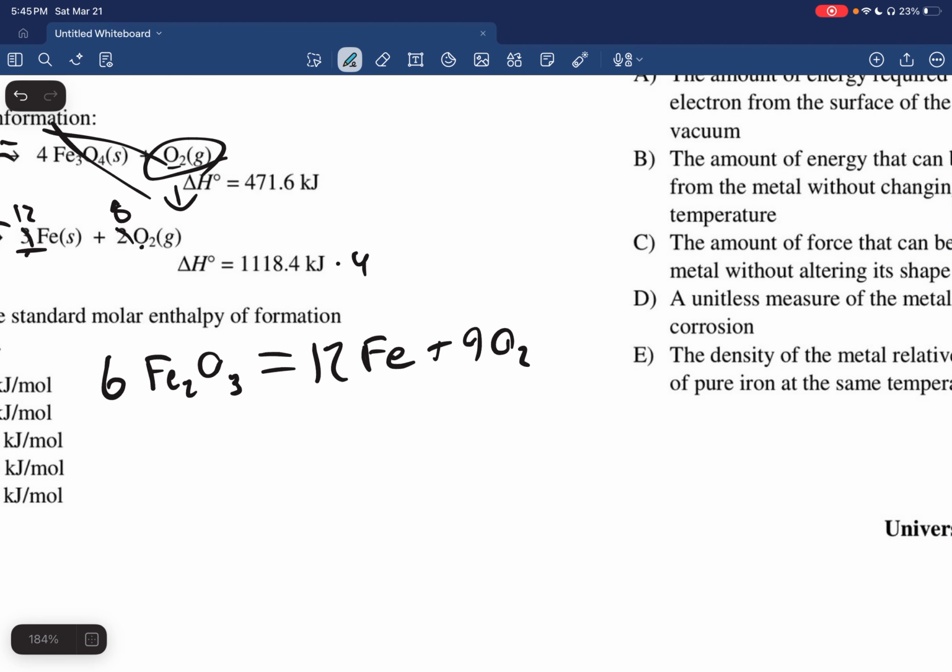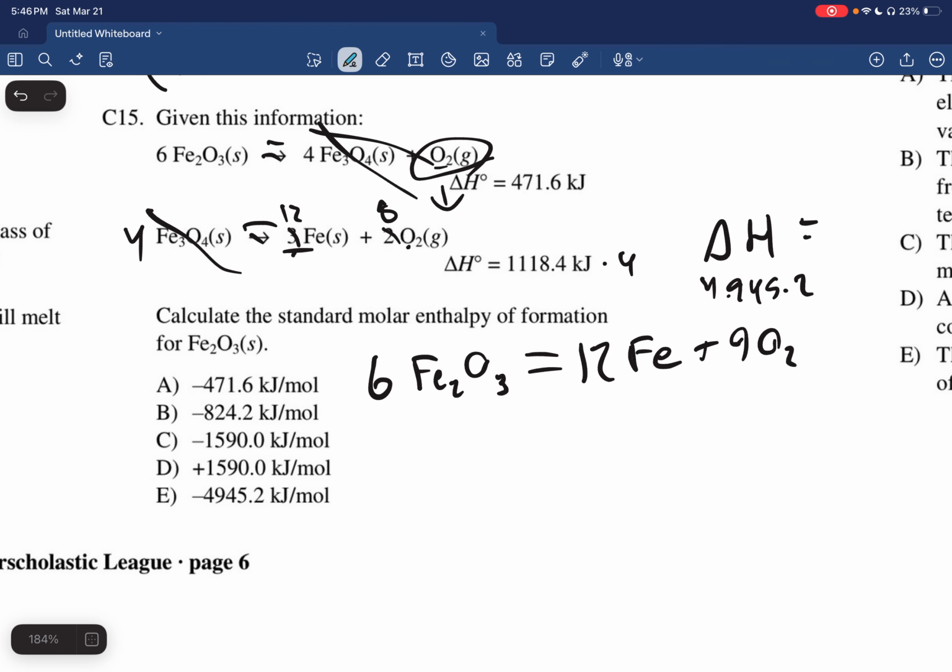And our delta H for this, well, we need to add our delta H's. So we'll take our 471.6 plus 4 times 1118.4, and we'll come up with a delta H that equals 4945.2. But remember, we only want the standard molar enthalpy, which means we need 1 mole of this.